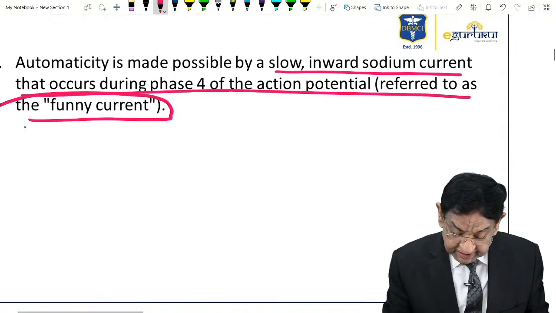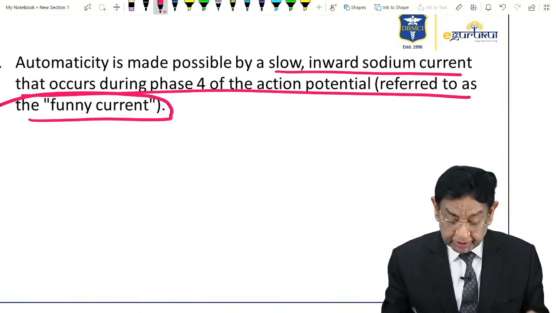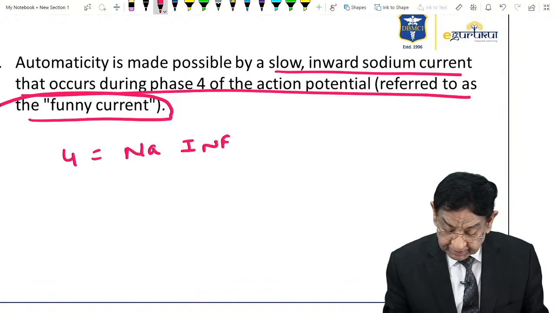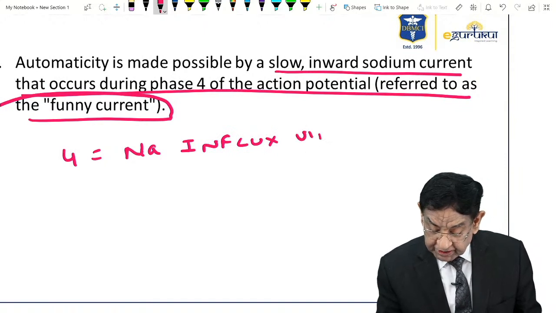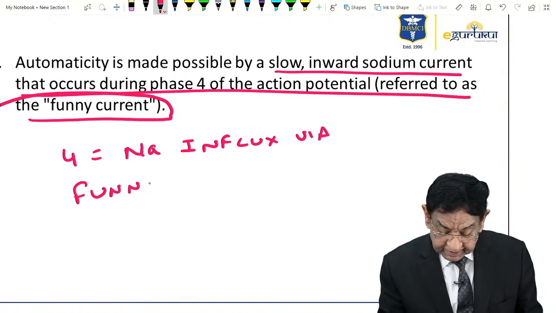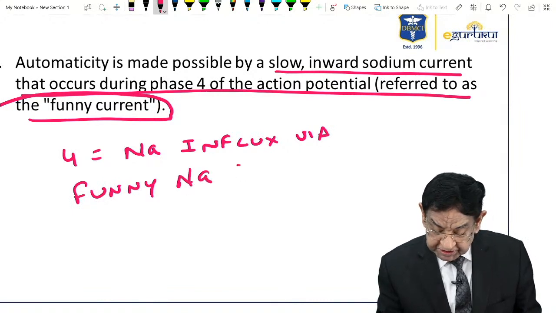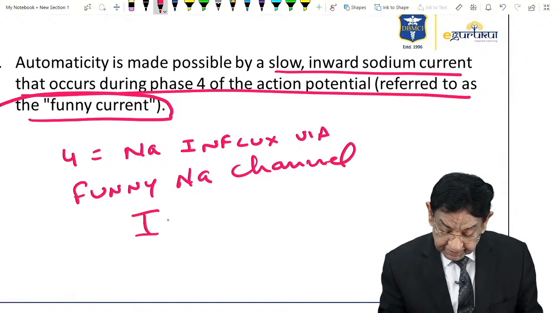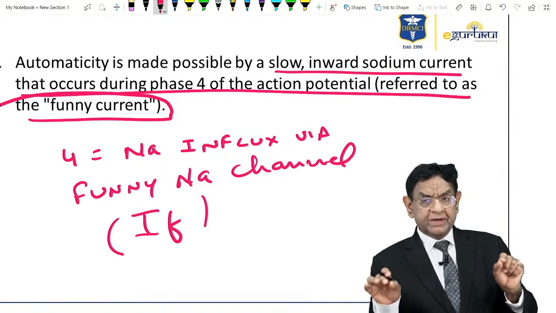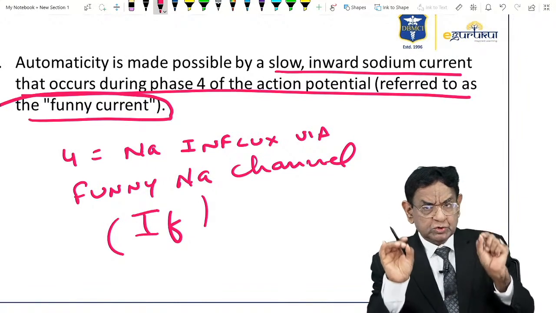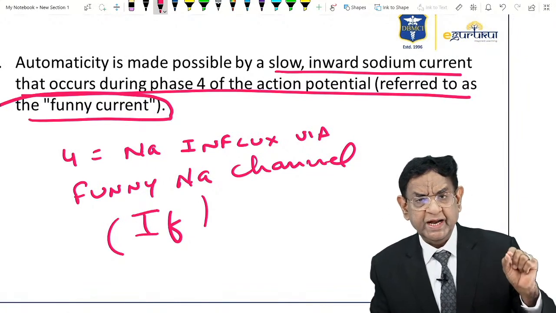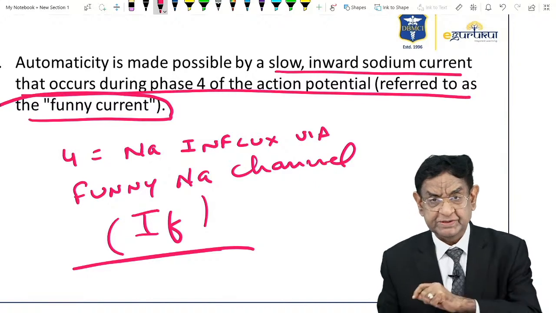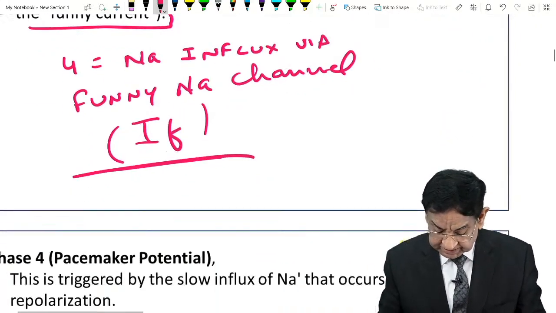This is known as the funny current, that means sodium entry in phase 4, sodium influx via funny sodium channels. Sodium entry occurs via the funny sodium channel, what they write as capital I and small f, the funny sodium. This is confusing. I'll be talking in much more detail just now.